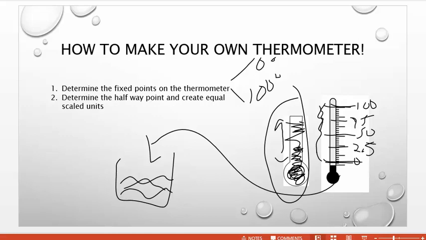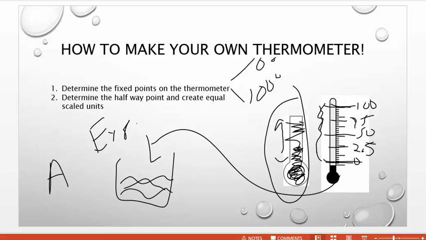You'll be able to tell me how well you scaled your thermometer, because I'll have the actual temp, and then you will have your temp, which is the experimental, and the difference between is how much error you had. And so we'll be doing that again either tomorrow when you come in or the next day.